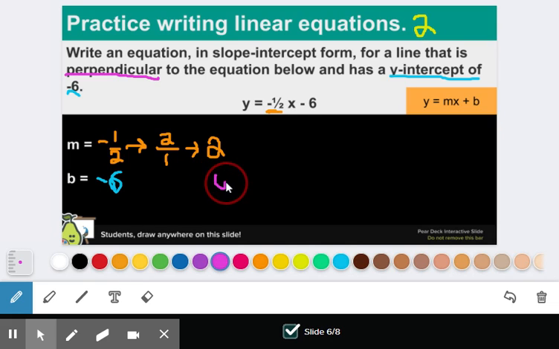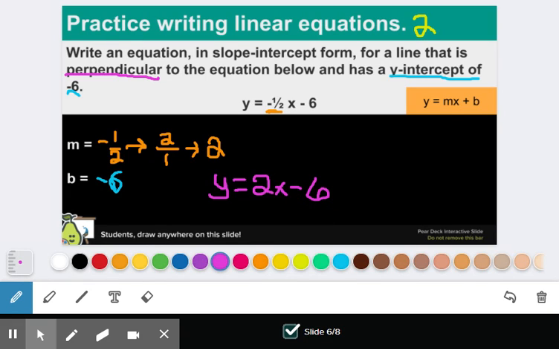I know it's going to be y equals 2 is my new slope, 2x. I'm not going to write minus, oh wait, I am going to write minus 6 because my y-intercept value didn't change.